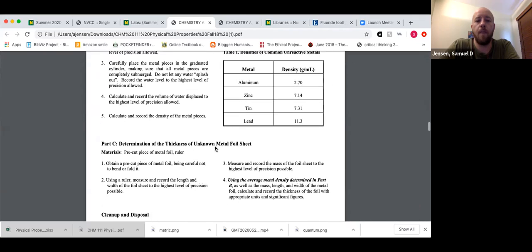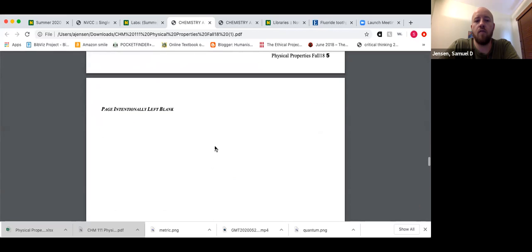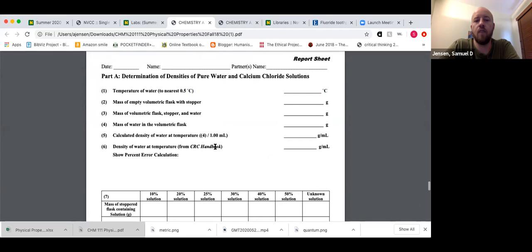Okay. So the data table down here is a guide. These handouts have data tables as a guide to give you the kind of information, or get you used to what kind of ways you should organize if you were collecting data in the lab. Okay. So, because oftentimes, if you were like me when you were in the lab, you just copy down numbers all over the place.